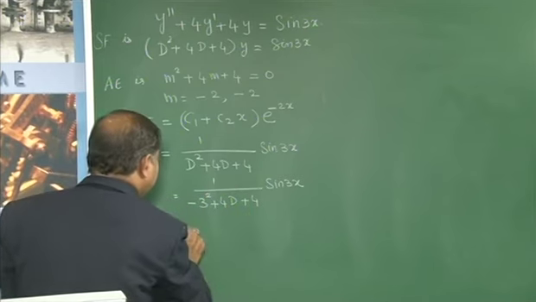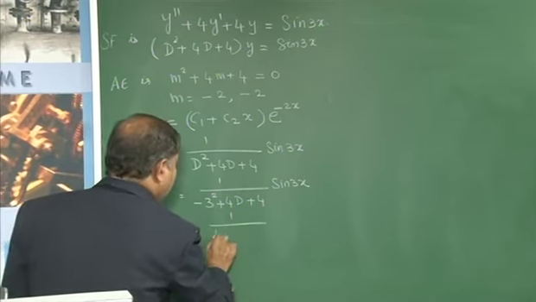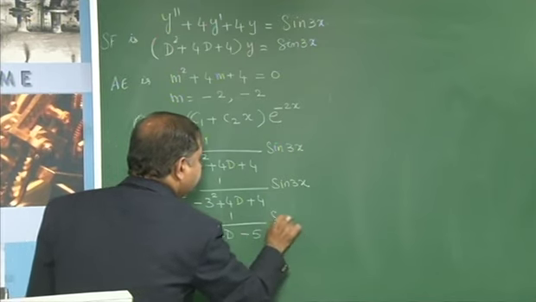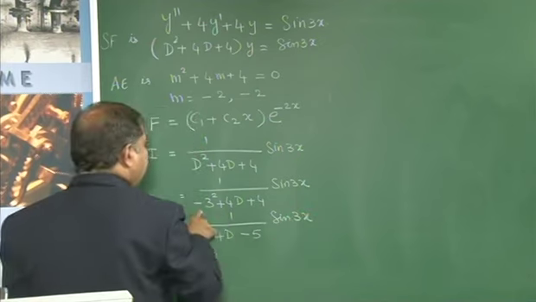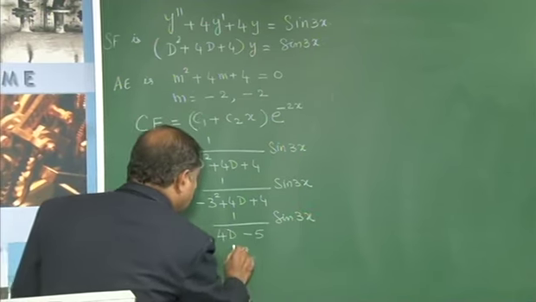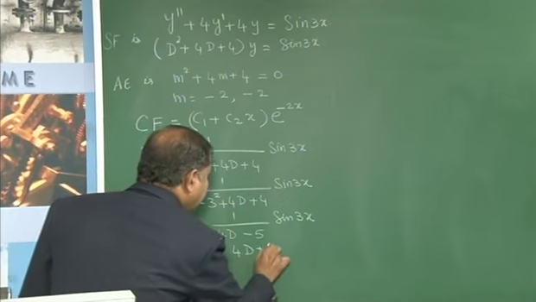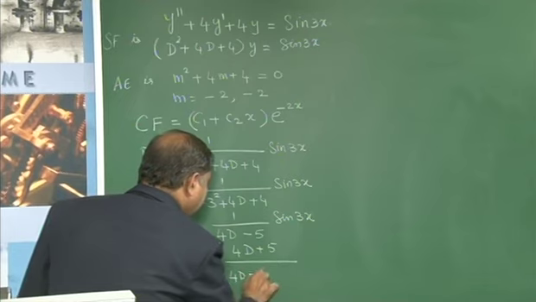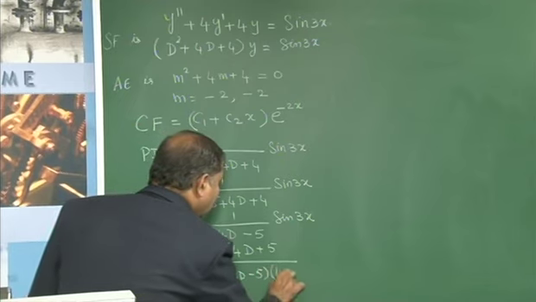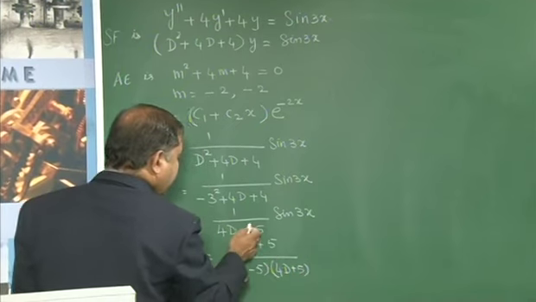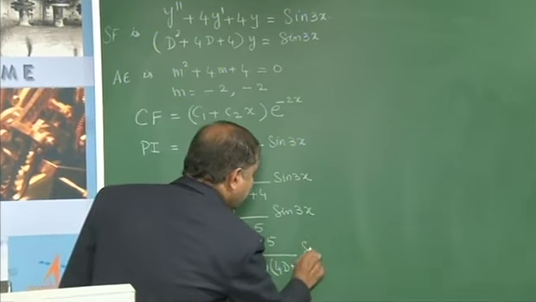So it will become minus 5. So 1 by 4D minus 5. Multiply and divide by its conjugate again: 4D plus 5 by 4D minus 5 into 4D plus 5, sin 3x.